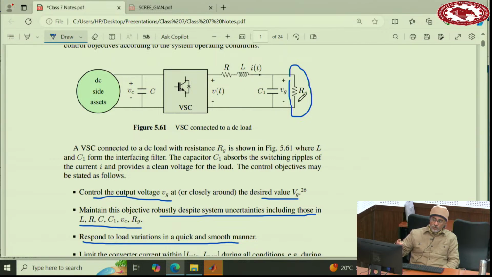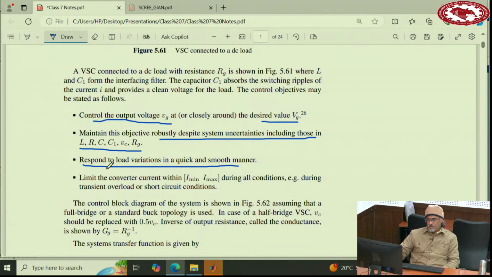So another load switches in or switches off. So that's variation of this load here. We know we want to have a response which is quick and smooth. And obviously this is a condition that we always need to satisfy because we are working with power electronics, so we need to limit the current.